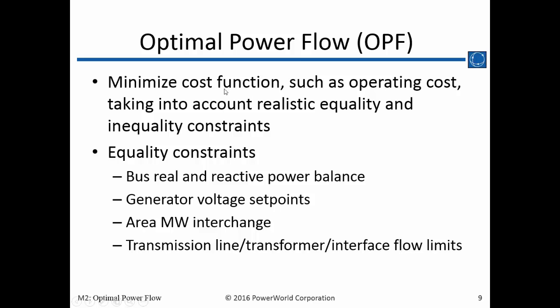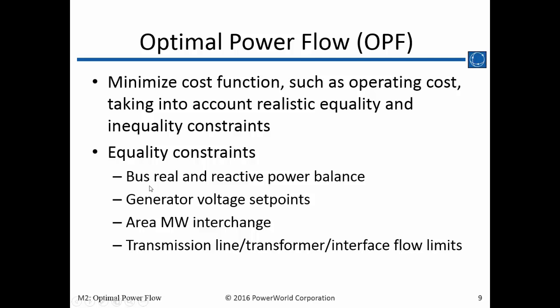Again, in the optimal power flow problem, we're going to minimize a cost function, taking into account the constraints that impact the system. Constraints can be described as either equality or inequality constraints. Examples of equality constraints are the bus real and reactive power balance.